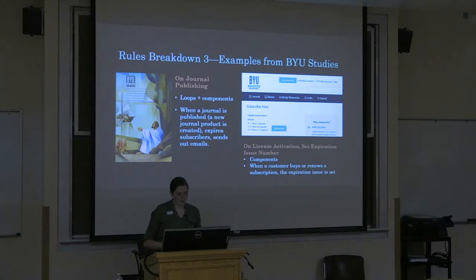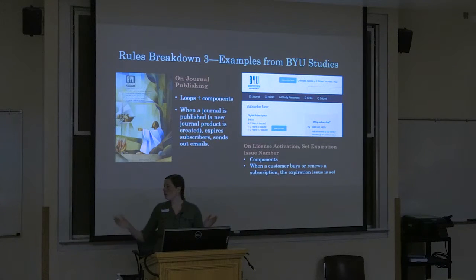So whenever we publish a new journal, we set up some rules so that it will go through and check our subscribers' expirations, and our subscriptions are kind of weird. They're not based off of a specific time period, but on how many issues someone has received.